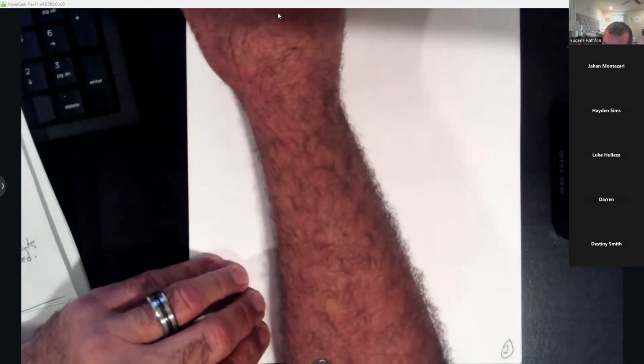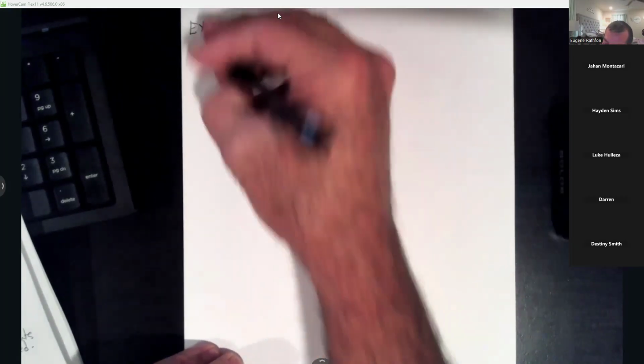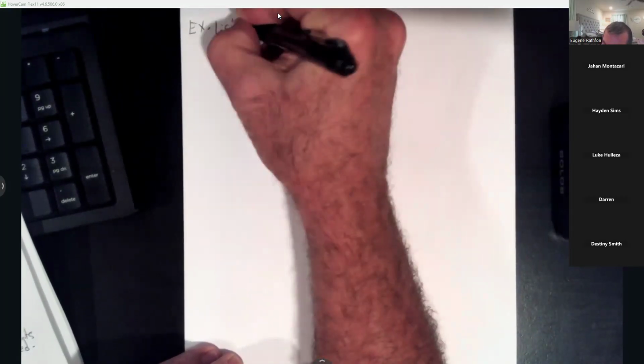So, let me get this paper where it ain't folding. All right, so on this example, they want me to list all the asymptotes. So we're going to list the asymptotes.